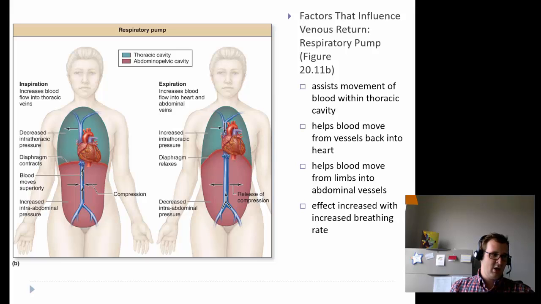This compresses your abdominal cavity, which pushes the blood up into the lower pressure area of our thoracic cavity. Whenever our diaphragm relaxes, it returns to its normal position, which releases the compression in our abdomen, which makes it lower pressure here and higher pressure up here, which pushes that blood back into the heart to keep it pumping.